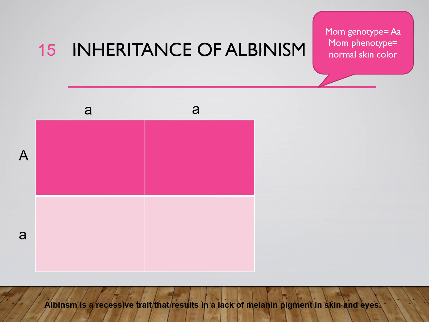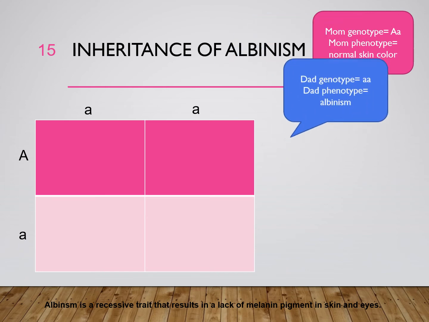Now, mom, her genotype is represented by the letters on the left side of the Punnett square. And so her genotype is capital A, little a, and that means her phenotype is going to be normal skin color. So she's going to be called a carrier because she has the recessive trait, but it is masked by the dominant trait, by this capital A here.